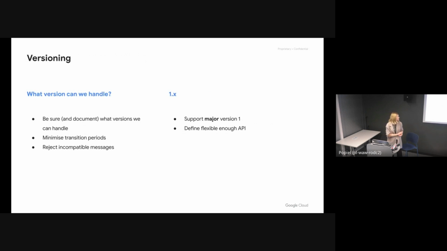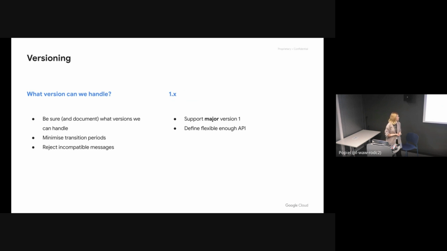Another one is versioning of the OpenLineage format definition. We needed to be really confident about what we can support and also communicate it very clearly. On one hand, we needed to be flexible enough not to block users each time OpenLineage upgrades. On the other hand, we needed to be strict enough to reject the messages we are unable to handle.